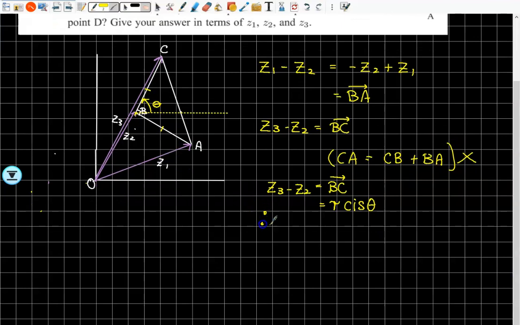Therefore, (Z3 minus Z2) squared would be R squared cis 2 theta. Are we good with that?